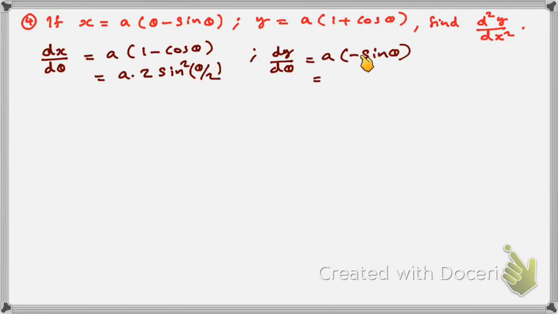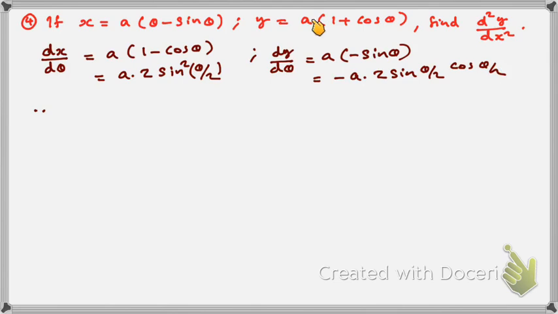So I want even my dy by d theta to be in half angles. So this is going to be minus a outside, and sin theta has a half angle result. Sin theta is 2 sin theta by 2 cos theta by 2.